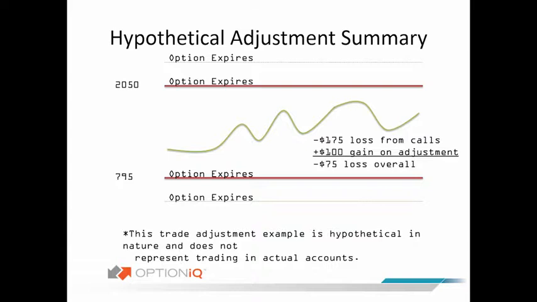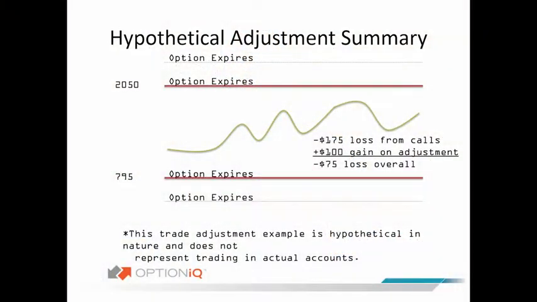The good news in that is that originally when we exited the trade, the losing trade, we took a $175 loss. Now remember, we didn't get out of the entire trade. We could have, and lost $200, but we chose to only exit the call side. So that's why I'm showing the $175 loss here. We then entered into a new trade or new parameter that was suggested by your dedicated trading representative.